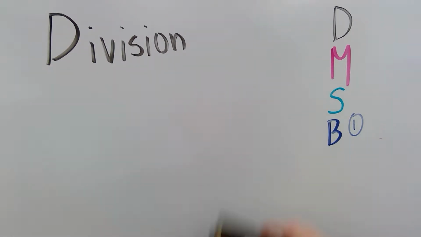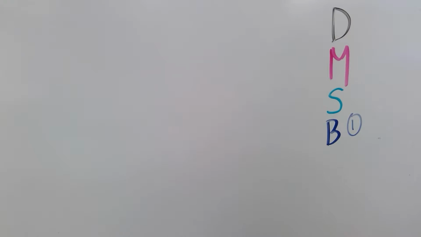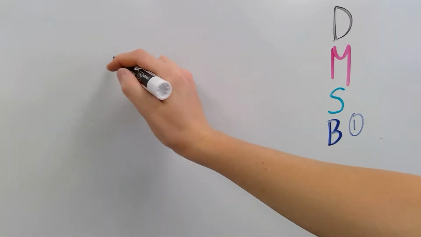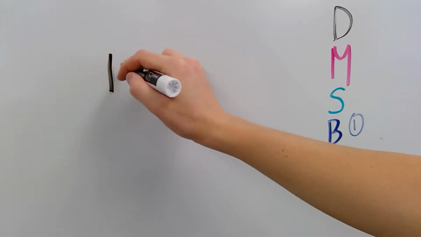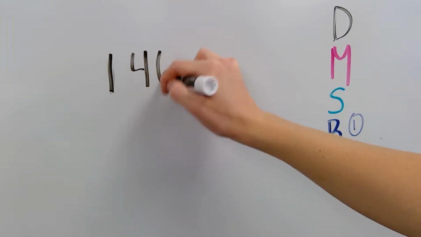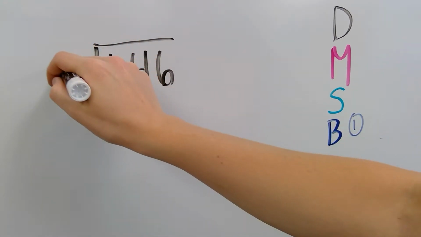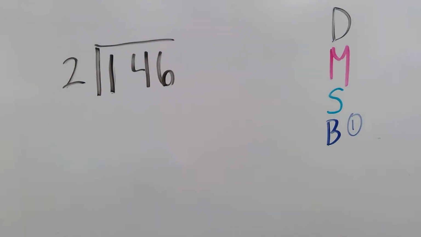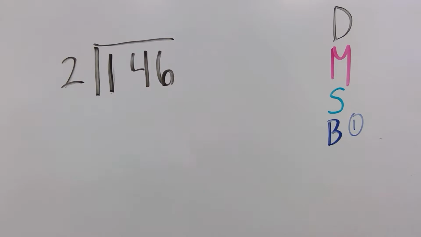So let's say we were going to divide 146 divided by 2. What I like to do to help me is just set up a ratio table of the multiples of 2.